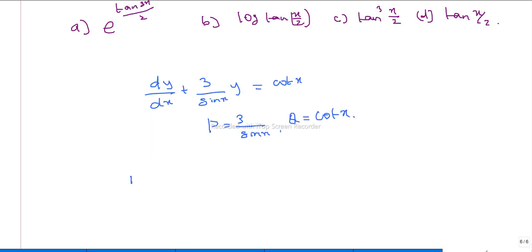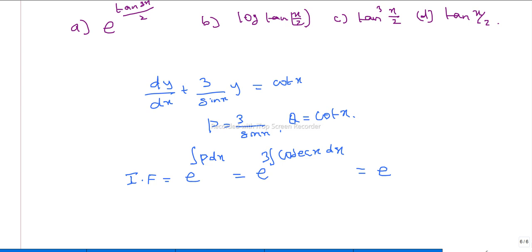Now what is the formula for the integrating factor? e power integral p dx. So 1 by sine is nothing but cosecant. Therefore e power integral 3 cosecant x dx. But what is the integration of cosecant x? I missed the 3.